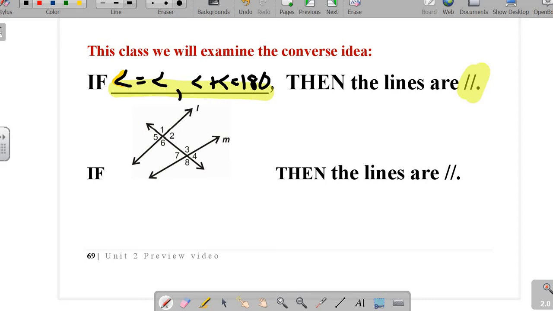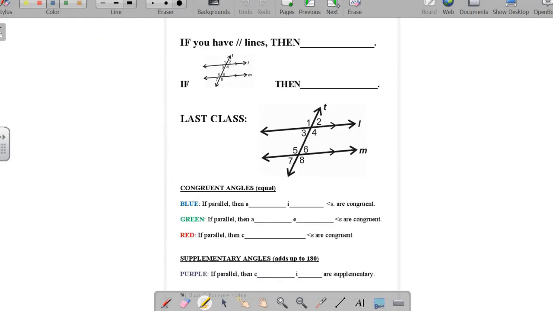For example, if I told you angles 2 and 7 are congruent, even though lines L and M don't look parallel, they would be considered parallel because alternate interior angles are congruent. This is called proving parallel lines.